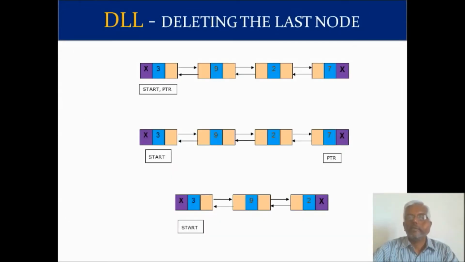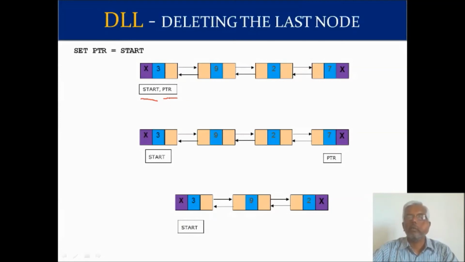Now we are going to see the algorithm for deleting the last node. As usual, the first node is pointed to by the pointer variable start, and we introduce a new variable called ptr, which once again points to the first node. For achieving this we write set ptr is equal to start.